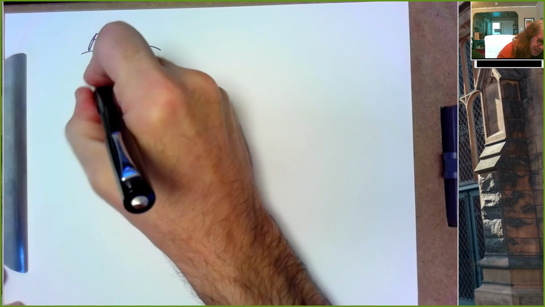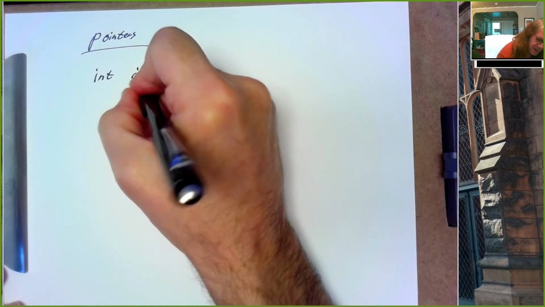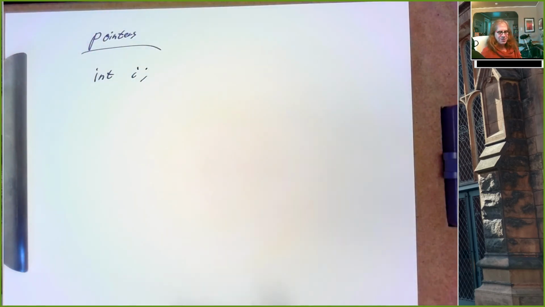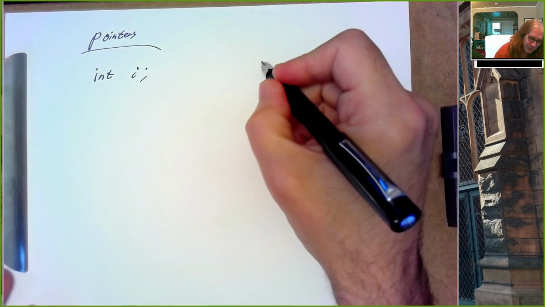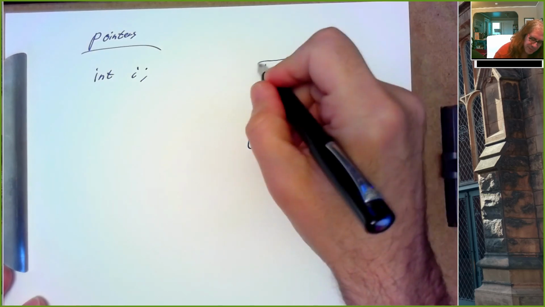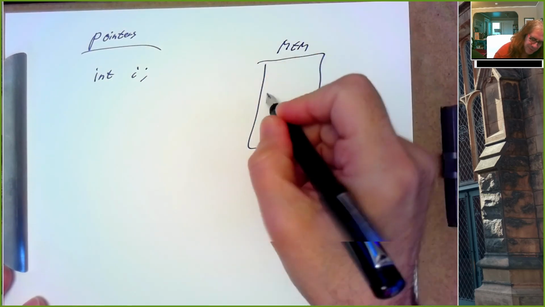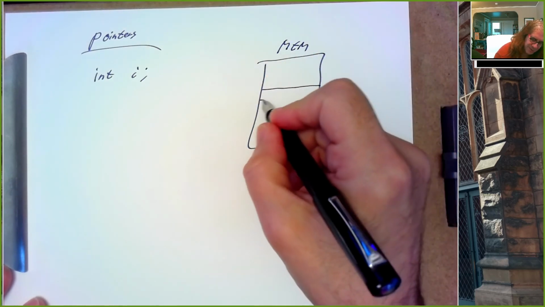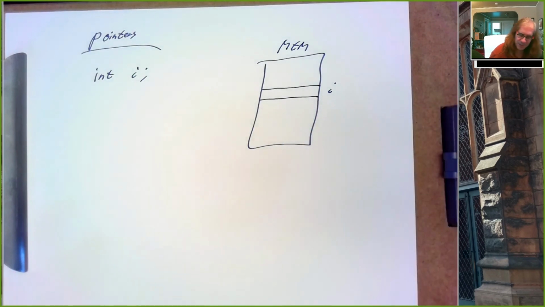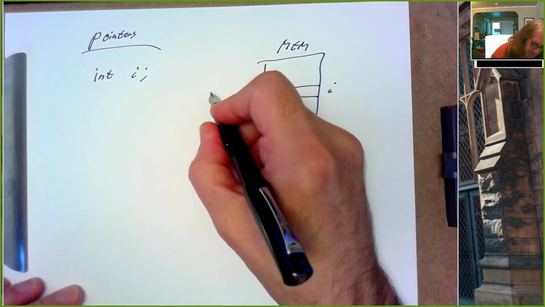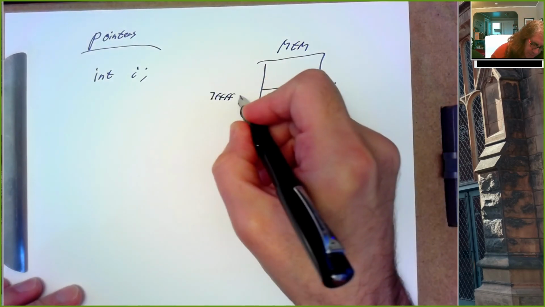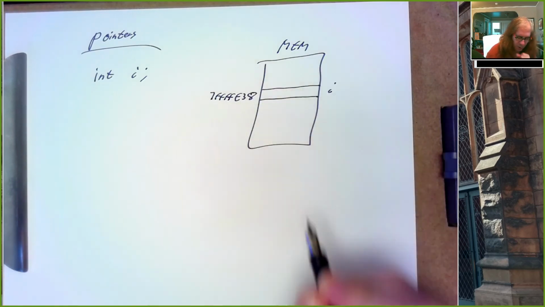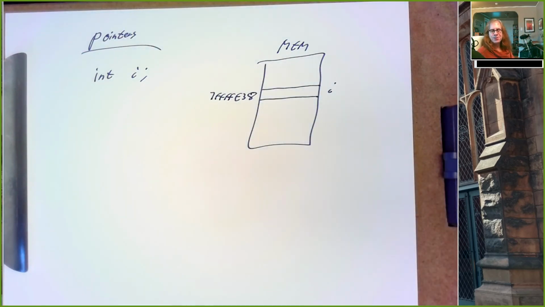So the mechanics are like this. Integer I tells the compiler that I want an integer. And the compiler will work with the linker, and in the memory of your computer, it will find some spot where there's 4 bytes to correspond to the variable I. And this will be stored somewhere in memory, like 7FFFFE3H.